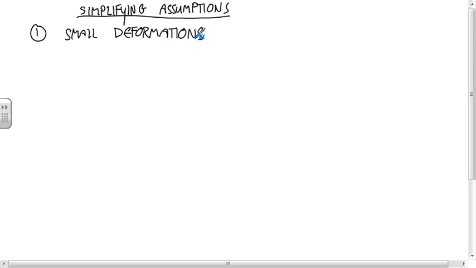So that means, say that you have an object like this, and you apply forces this way, and the effect is that it compresses like this.